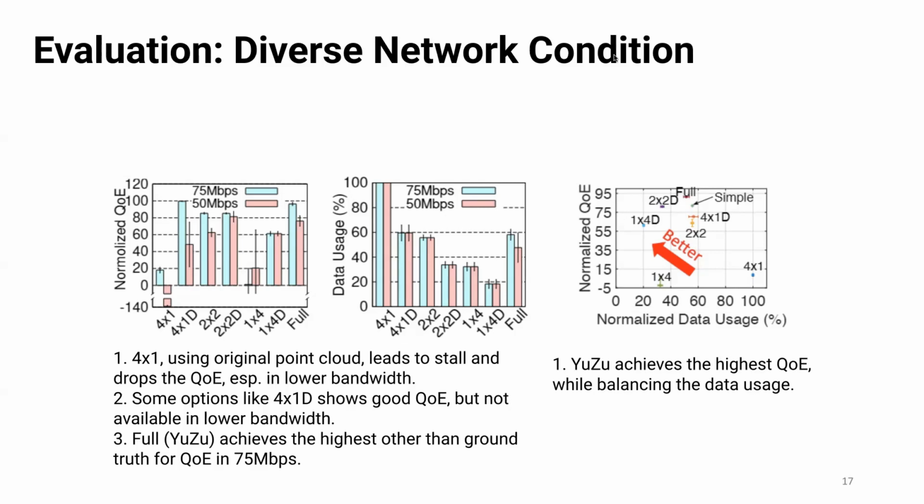Options like 4x1D, which uses caching with the original point cloud, show good QoE. However, when the bandwidth goes lower, their QoE drops a lot. The full version, YuZu, achieves the highest QoE other than ground truth in the case of 75 Mbps.